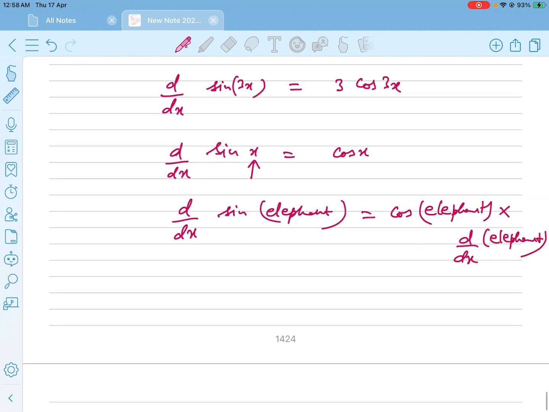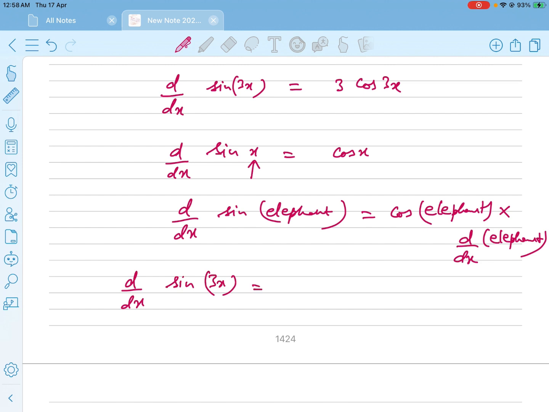Let me give you an example for this. Say I want to find out the derivative of sine of 3x. Okay, so instead of x we have 3x. Let me call it as elephant, right? Sine of 3x, sine of elephant. Here elephant means 3x.